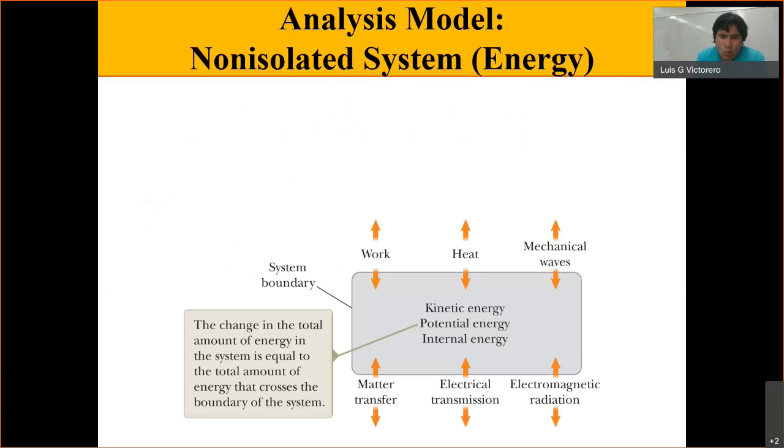Okay. So this one is more related to the overall system where you have heat, matter transfer, electrical energy, electromagnetic radiation, mechanical waves. You are going to eventually study all that, right? But just as it says there in the slide, the change in the total amount of energy in the system is equal to the total amount of energy that crosses the boundary of the system.